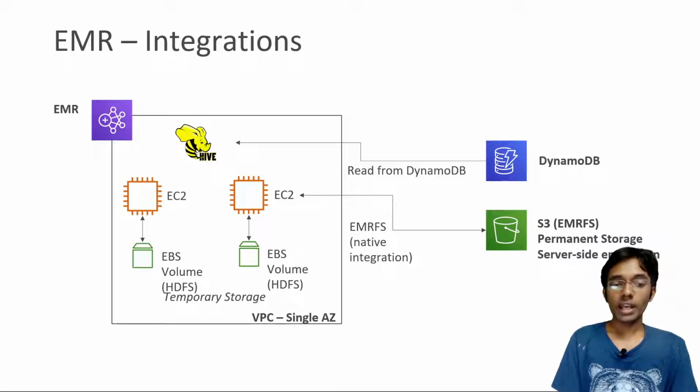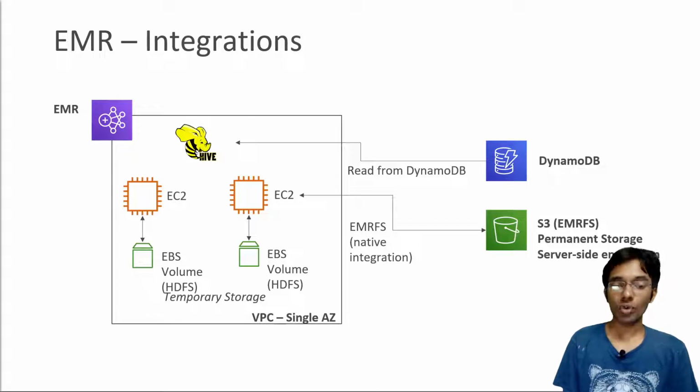Now EMR has a few integrations you need to remember going into the exam. EMR is launched within a VPC, and it is within a single availability zone. You have your EC2 instances and they have EBS volumes, and you can have many of those. The EBS volumes are running something called HDFS, the Hadoop Distributed File System, and that gives you temporary storage for your EC2 instances and your cluster.